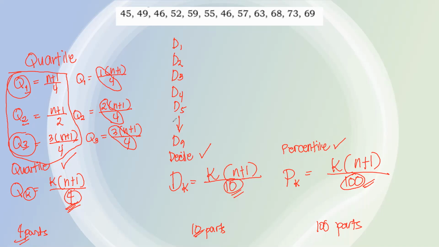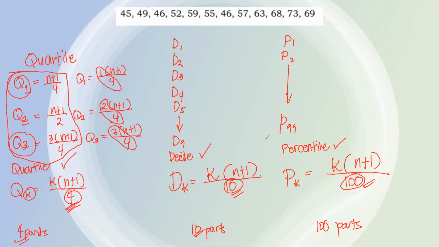Kadalasan kasi kung ano na yung last, yun na yun. Percentile, ganun din. First percentile, second, up to P99. 99th percentile. Okay? So yan po yung pagkakapareho at pagkakaiba ng mga formula natin.